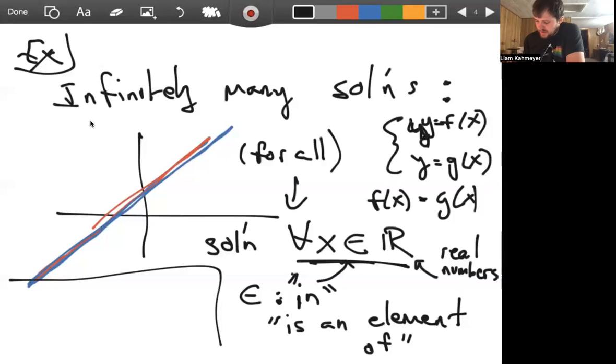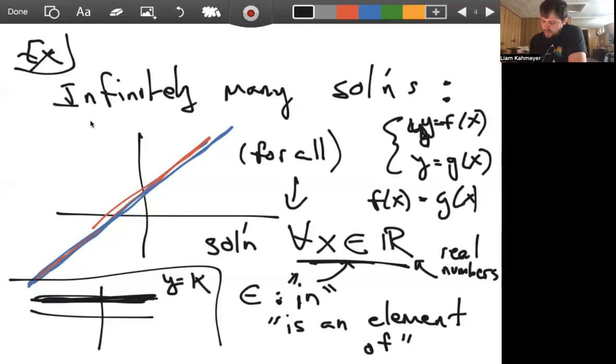Another example, for infinitely many solutions, and we won't really consider these because one of these functions isn't linear, is to say we had some horizontal line, like y equals k.